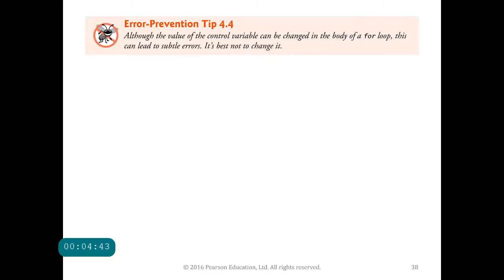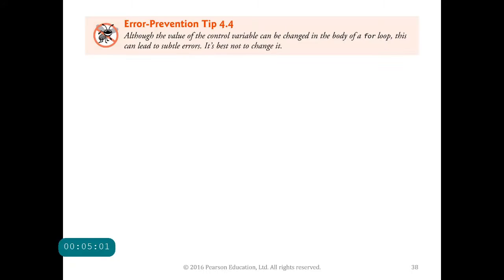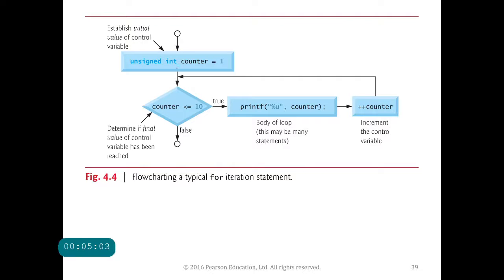Now let's look at the flow chart of the for loop. So if we have counter is 1 and the termination condition is counter greater than 10, and then the increment is just 1, our loop will initialize counter to 1. It will check if counter is less than or equal to 10. If that's the case, it will print counter.